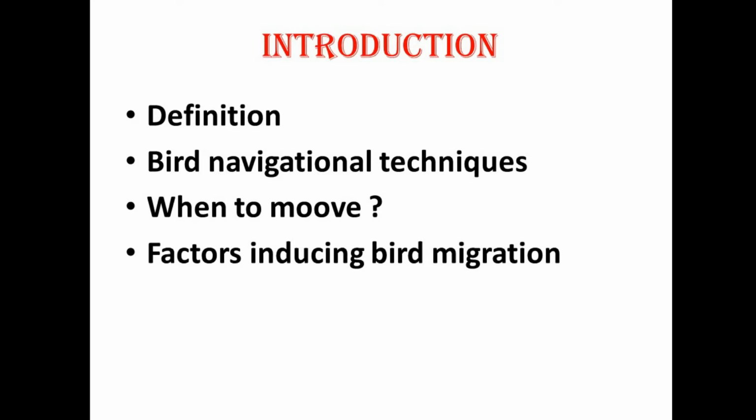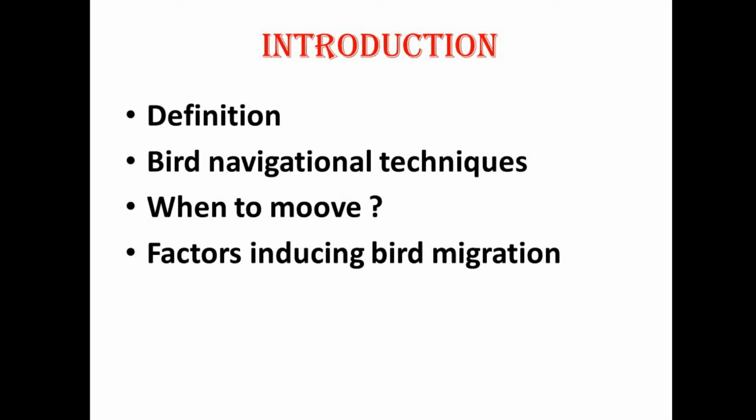factors inducing bird migration. As we finished the definition in our last lecture, in case of birds, migration can be defined as the long distance movement, especially the regular seasonal movements between the breeding and feeding or wintering places. Migration may be of different types exhibited by different animals. Birds exhibit the best known example of migration, and ornithologists usually restrict their definition of migration to regular, annual or seasonal movements.